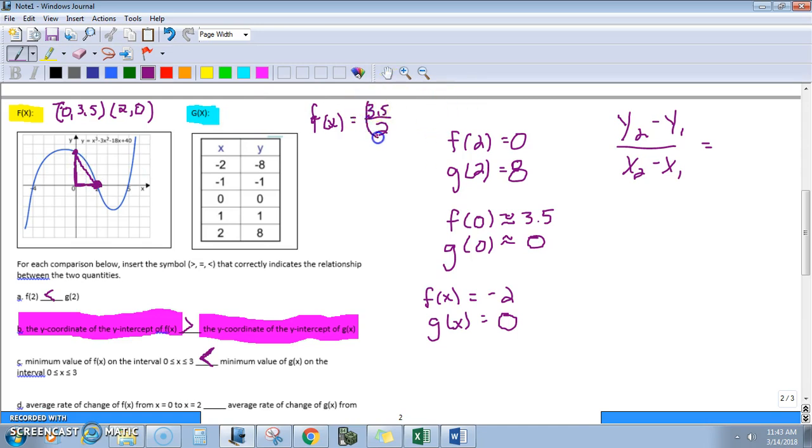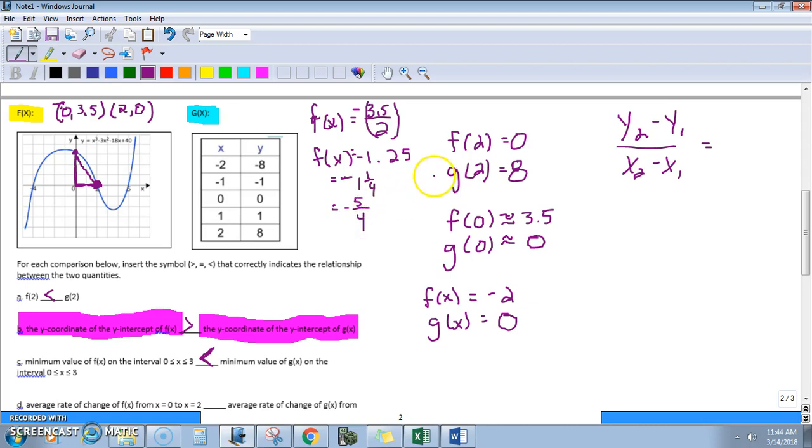So half of 3.5 and it's negative, so 1.75. So the slope for f of x is equal to negative 1.75, which is the same as negative 1 3/4, which is the same as negative 7/4.